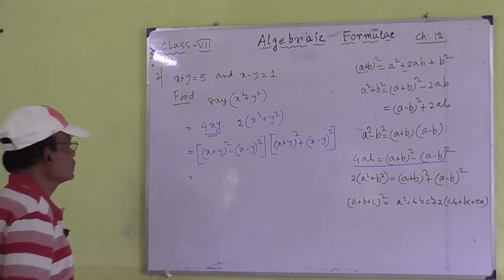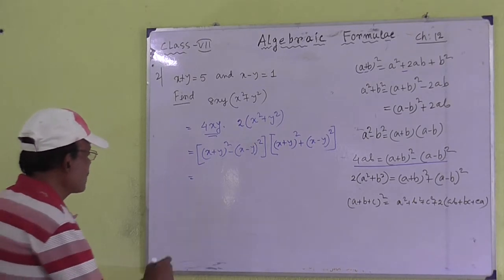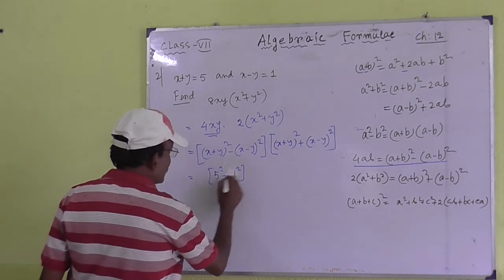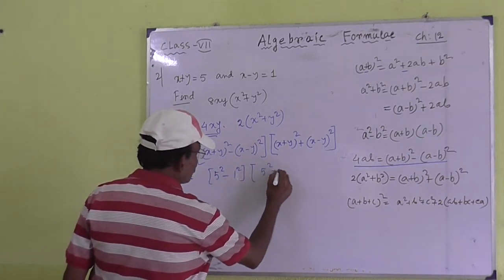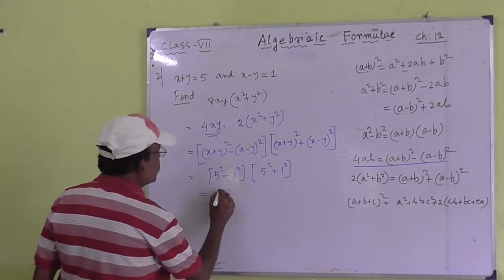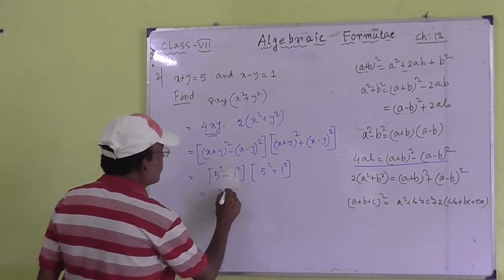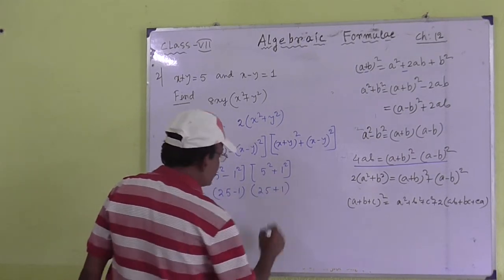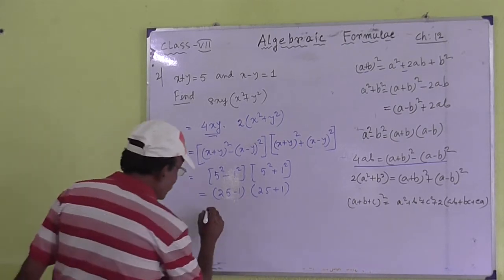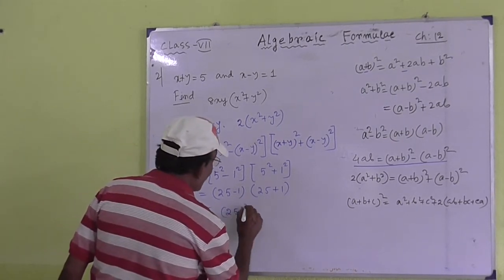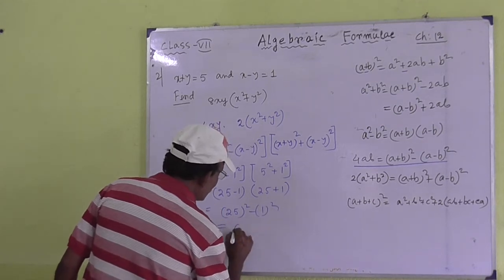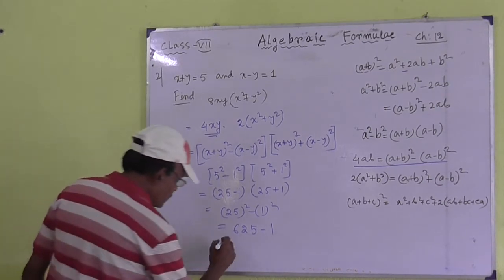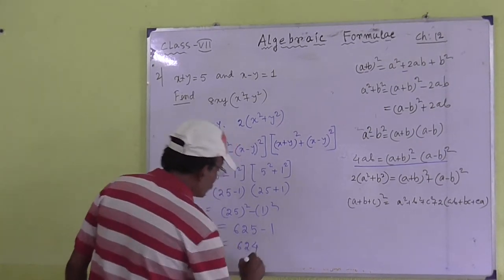So x plus y value is 5: 5 square minus 1 square, 5 square plus 1 square, that means 20, 5 minus 1, 25 plus 1, 25 square minus 1 square, that means 625 minus 1, that means 624.